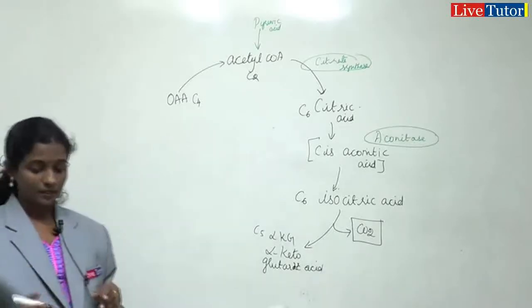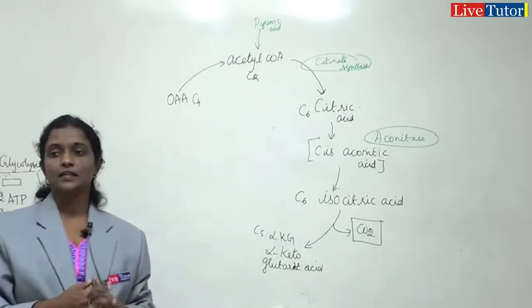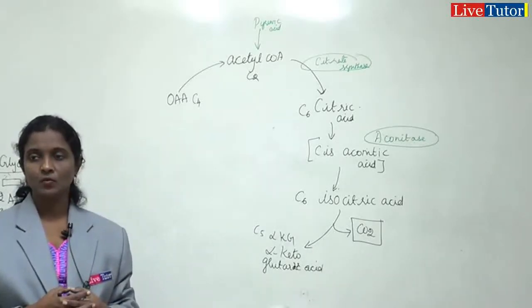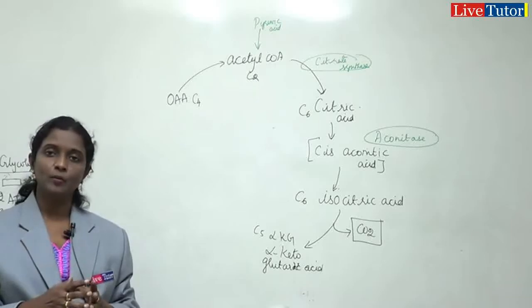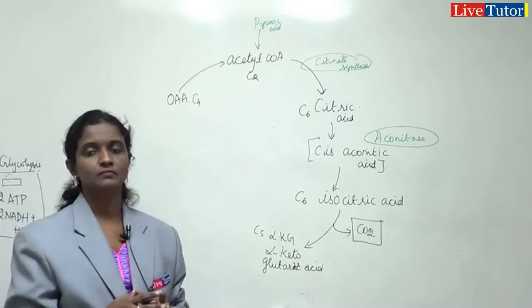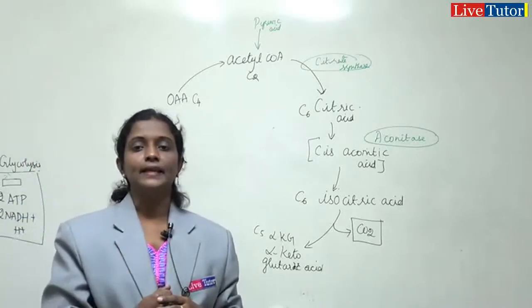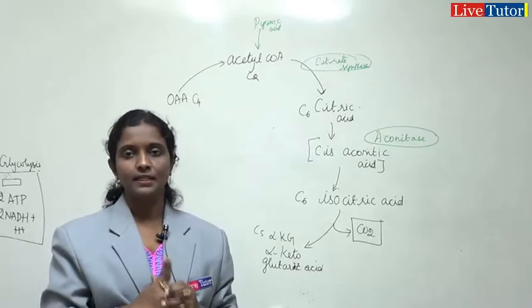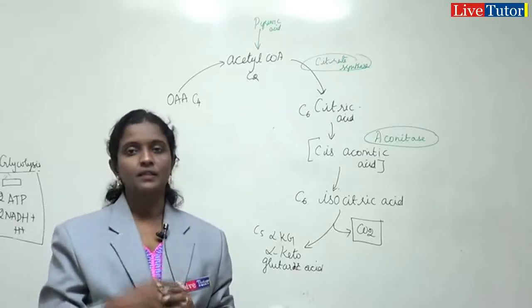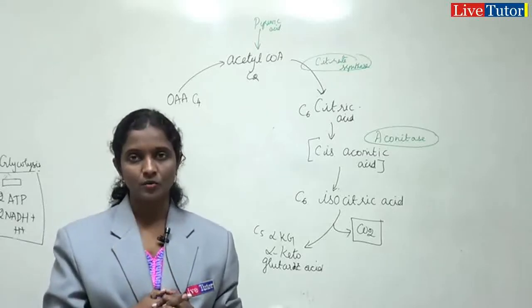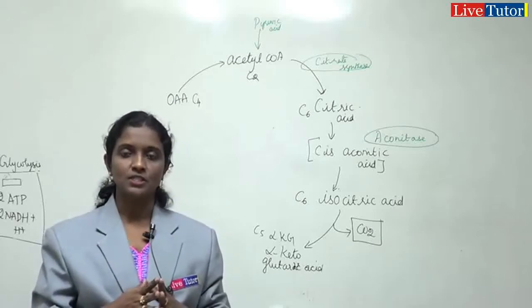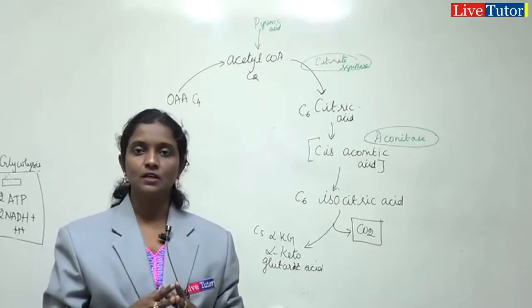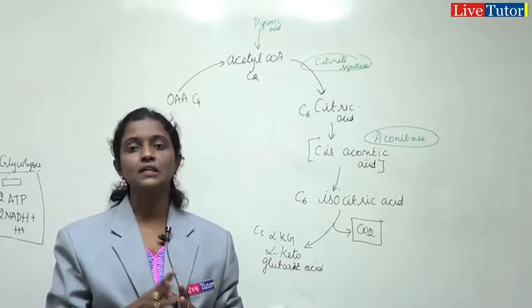Then, meanwhile, in the Krebs cycle there is more than ATP formation. Getting NADH is the primary role of Krebs cycle. You have to understand there are three types of energy formation. Okay, what are the three types? Oxidative phosphorylation, photophosphorylation, and substrate level phosphorylation.